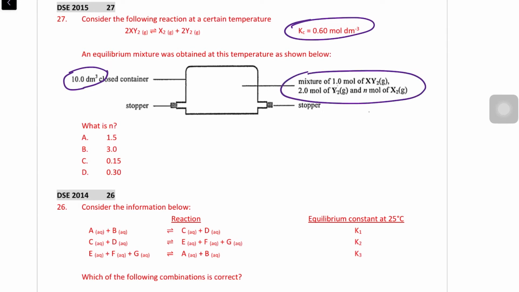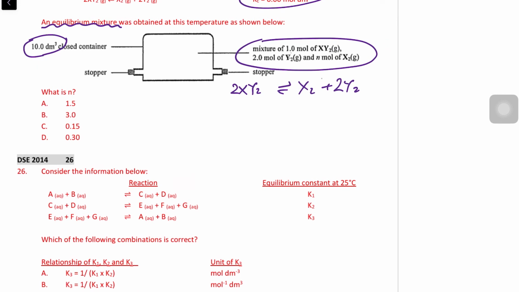So again, let's try to write down our RICE. 2X2 and Y2 become X2 and Y2. Double. This is equilibrium already.